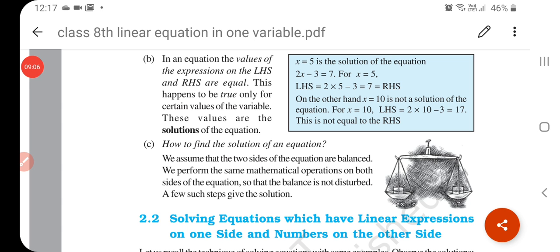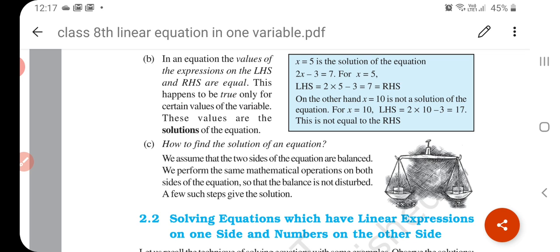So students, what we see: an equation is a mathematical sentence having equivalent expressions on either side of an equal to sign. The expression on the left hand side of the equality sign is called LHS and the expression on the right hand side is called RHS.